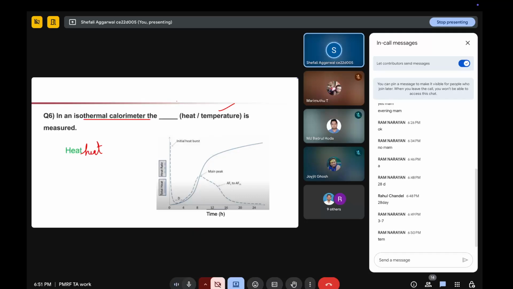So when we are keeping a cement paste, we will try to maintain the temperature of that calorimetry box or something, and we will measure the heat which is being evolved out of it, okay. Is it clear? Okay, clear.